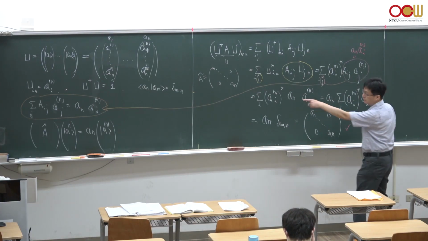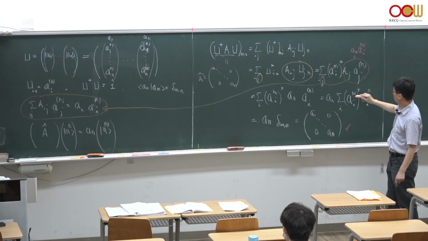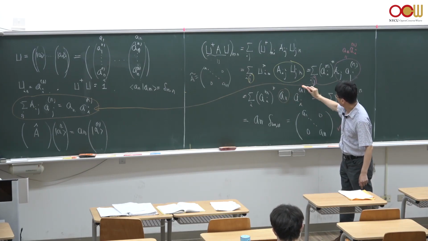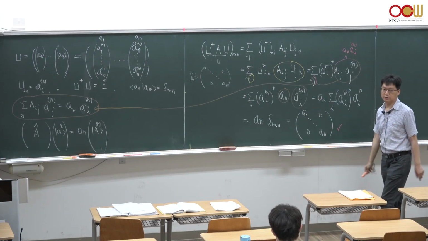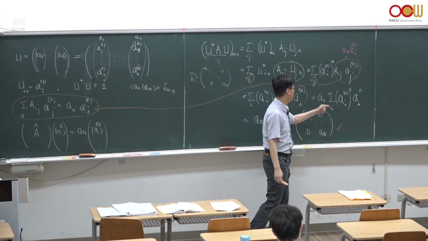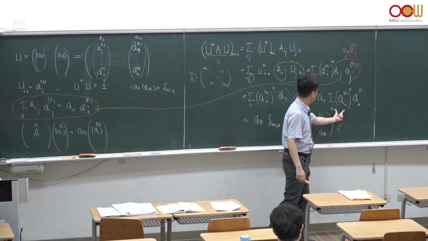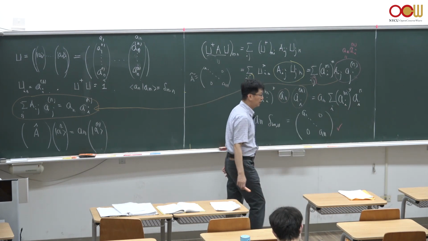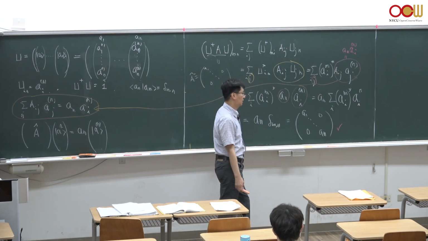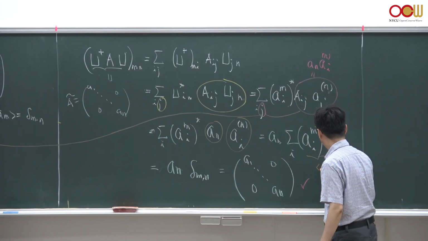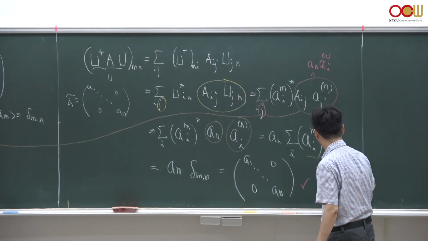So you apply this eigenvalue equation and you get the eigenvalue times the i-th component of the n-th eigenvector, a_ni. Since a_n is simply the eigenvalue, a number, you could just pull it out. You do the remaining summation over i, and this is nothing but the square of your matrix element, which is what? This is simply the inner product between the states m and n.